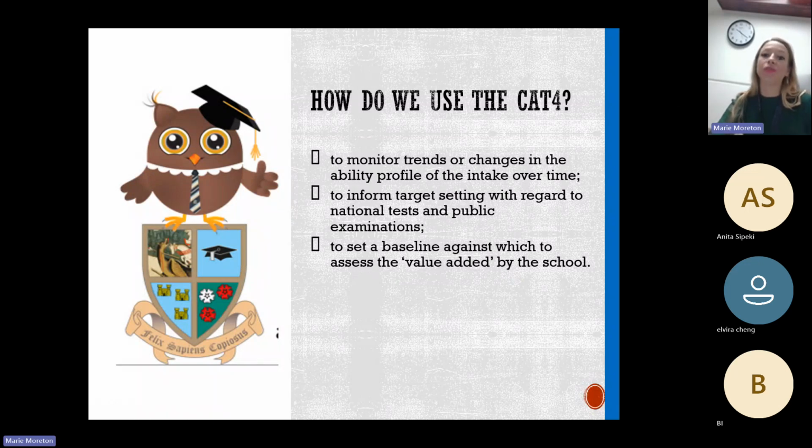Yeah, we can look at trends over time and track how things change over time. We can set targets. The CAT4 assessments do tell us what kind of levels that the children should get when they get to the end of Year 6, but also if they are really challenged and given lots of support to get there, what they could achieve.